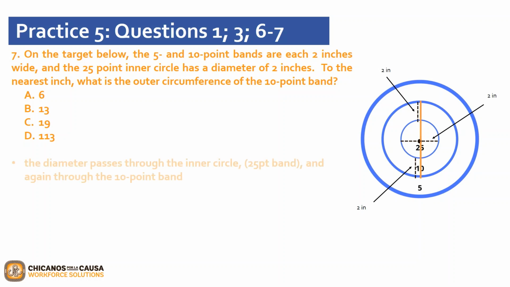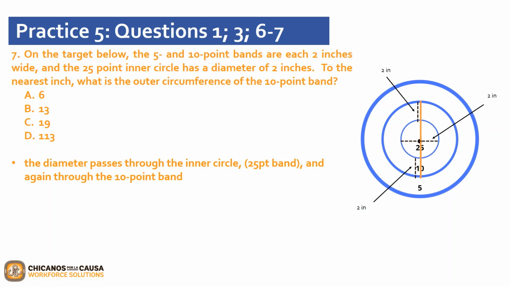First, we have to find the diameter of the 10-point circle in order to solve for the circumference, because circumference is pi times diameter. The diameter, that orange line, passes through the 10-point band once, then the 25-point circle, and then the 10-point band again.